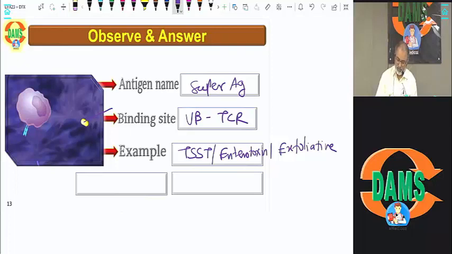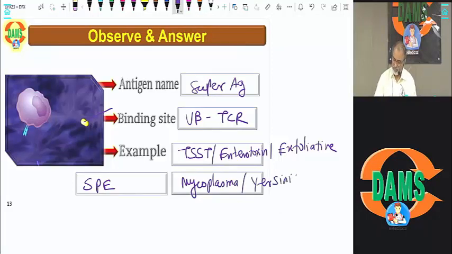Apart from that, streptococcal pyrogenic exotoxin, SPE. You have mycoplasma toxin, Yersinia, Clostridium perfringens, all produce super antigens.